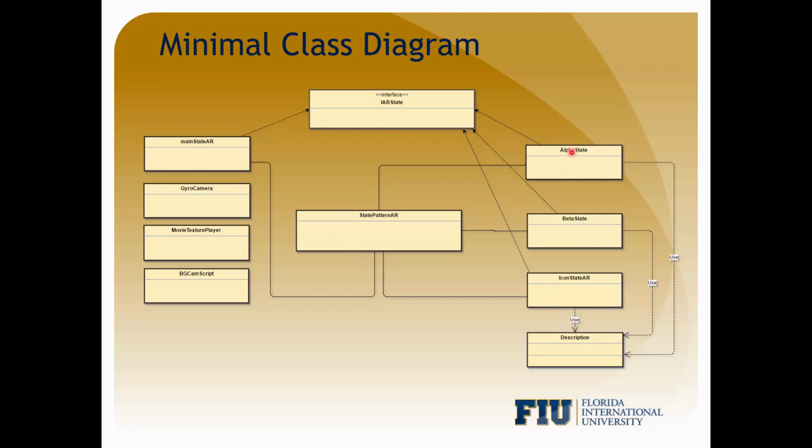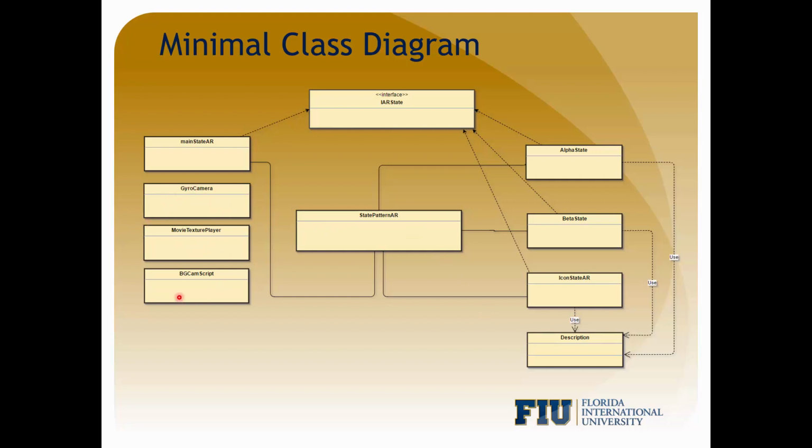And then we know from the diagram that AlphaState, BetaState, and IconStateAR use this description class, which is the one that sets the description for the panel or icon.